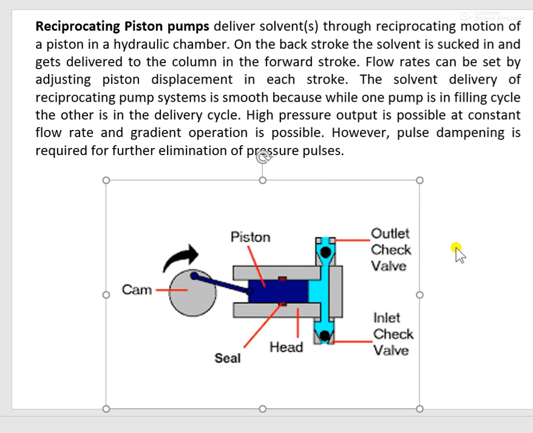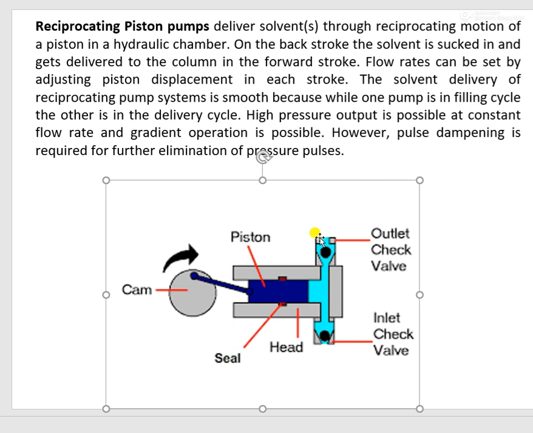But the problem with this reciprocating pump is pulses. Now what do you mean by pulse? As you can see from this diagram, when the piston is moving backward, it is filling. So when it is filling, nothing is delivered. So this is zero, means no output from the pump.